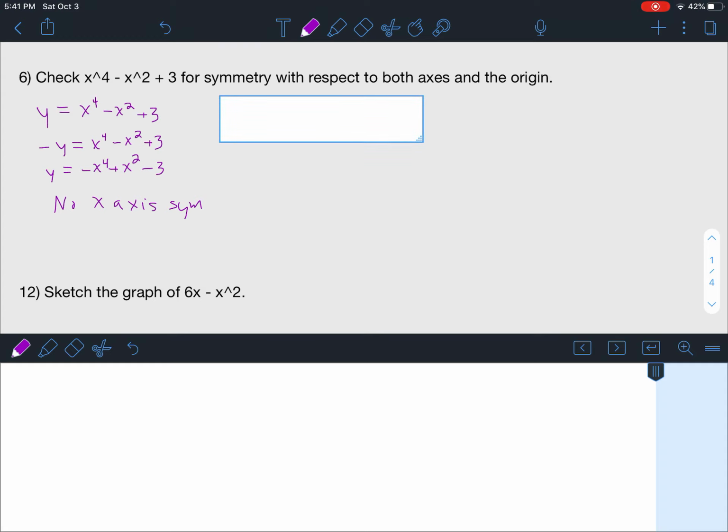To check for y-axis symmetry, you do the same thing, except instead of replacing y, you replace x.